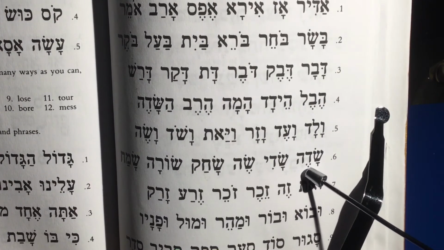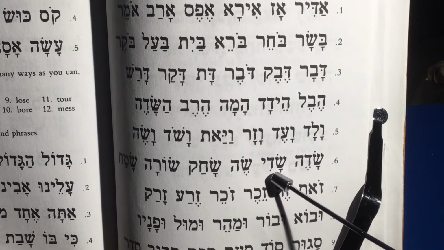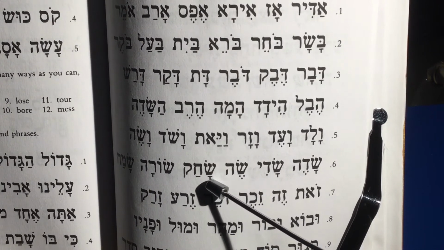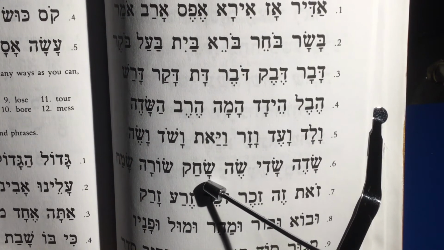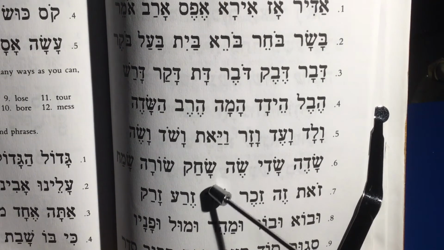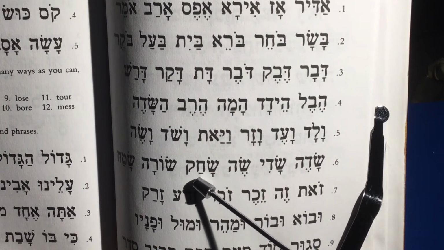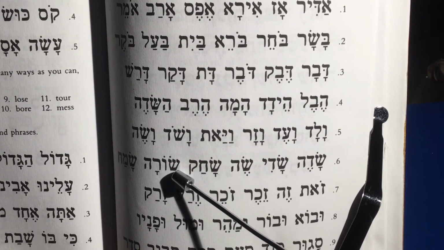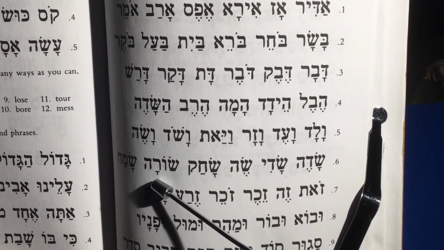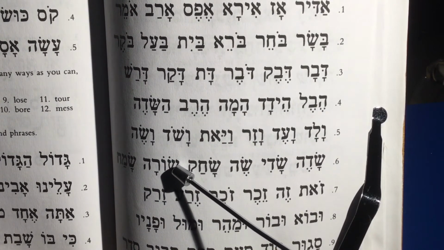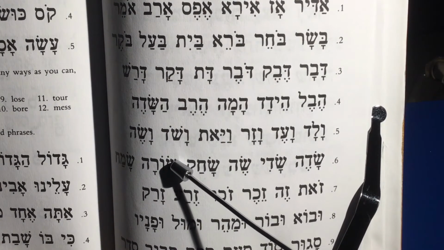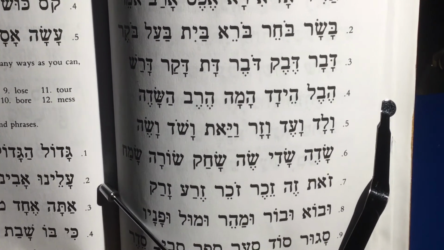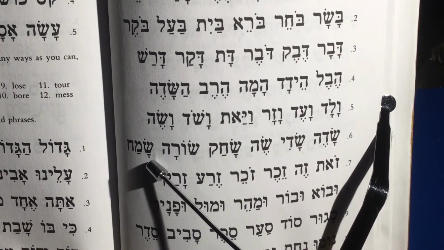So this sa d, say, sahak, and this is sora, because this sheen here is indicating the S and S-O, so sora. Okay, this here is samach.